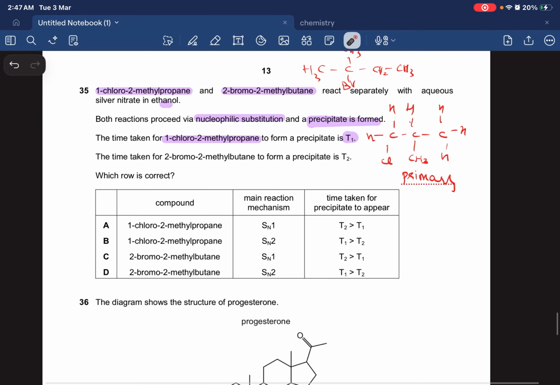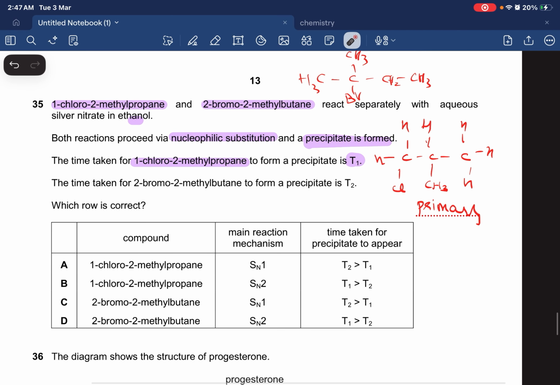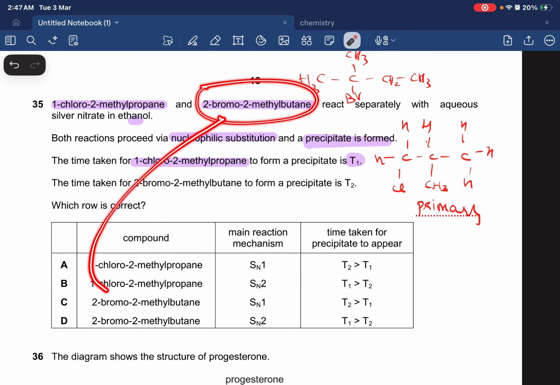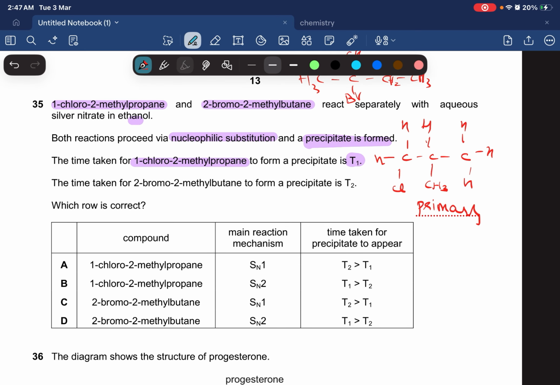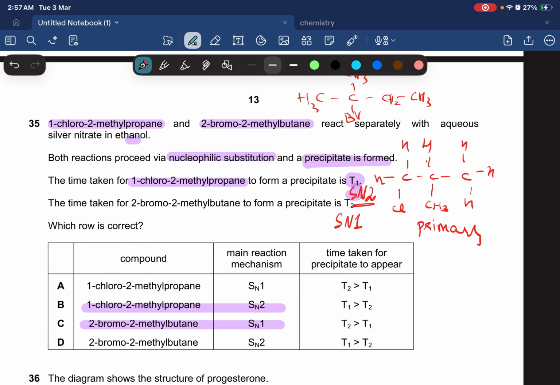The time taken for 2-bromo-2-methylbutane is T2. So this one is going to do the SN1 mechanism, and 1-chloro is going to do the SN2 mechanism. But over here we don't have to check SN1 and SN2.